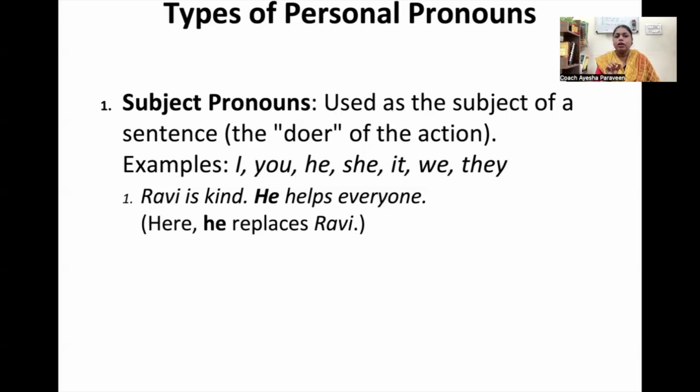So here Ravi is the subject. Ravi is the kind person. So here Ravi is replaced with he. Ravi is kind and Ravi helps everyone. Instead of Ravi helps everyone, we replace Ravi with he. So here the personal pronoun is he and he is in the place of a subject.